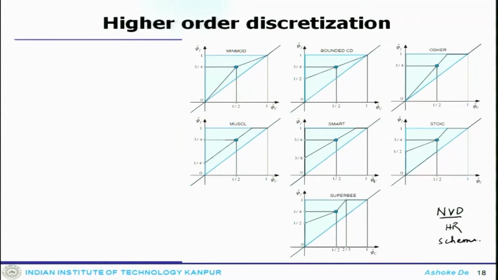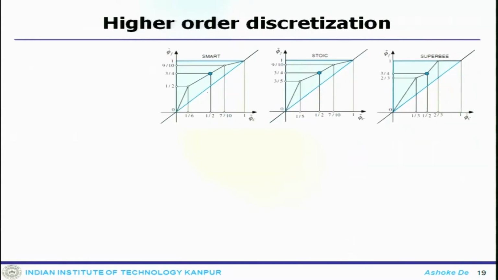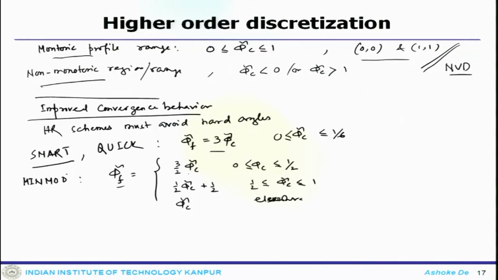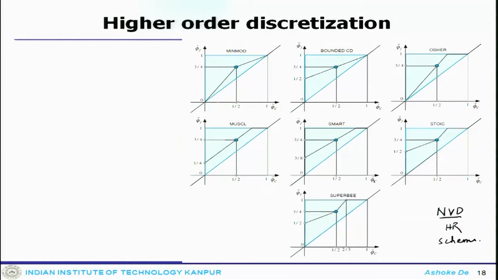In the mean mode case, the phi f value is 3 by 2 phi c when phi c tilde lies between 0 and half. When it is between half and 1 it is half phi c plus half, and elsewhere it is phi c. So, that is what the mean mode operator does.